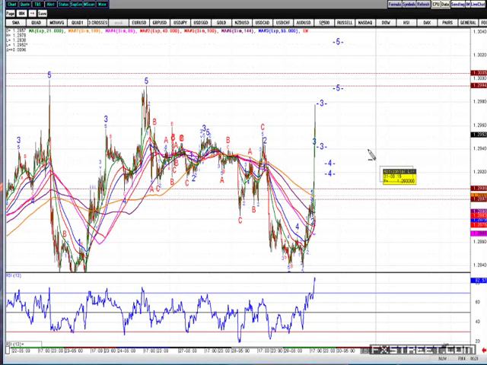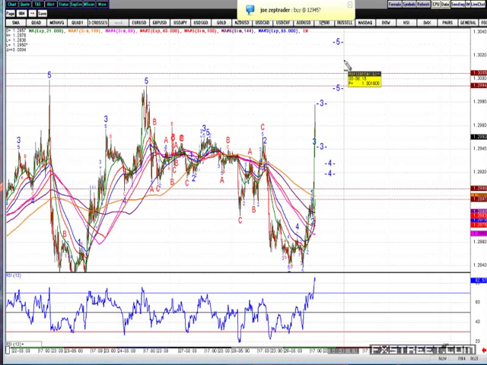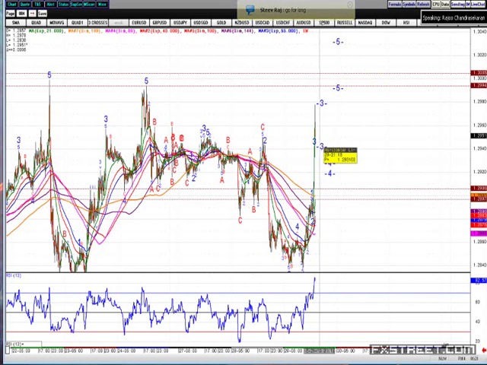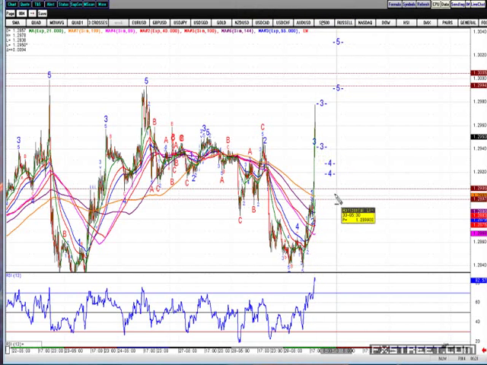Now, can anyone tell me what I would want to do on this market, knowing my stop loss and knowing my price target? Can anyone tell me? If you want to go buy at 12945, then you know your risk.